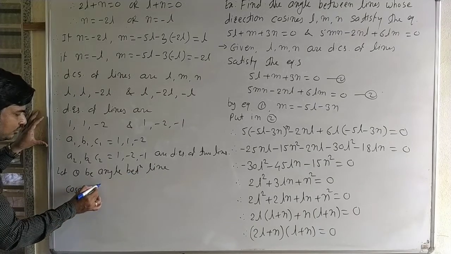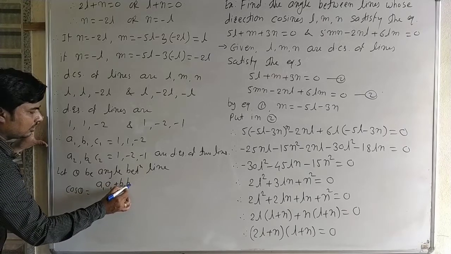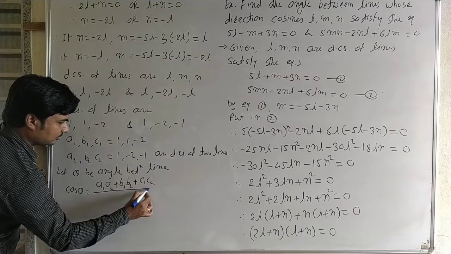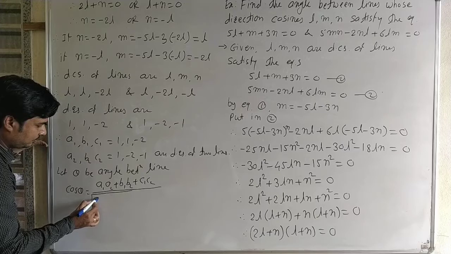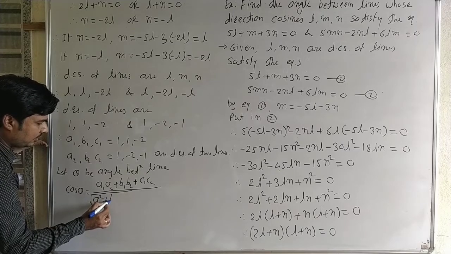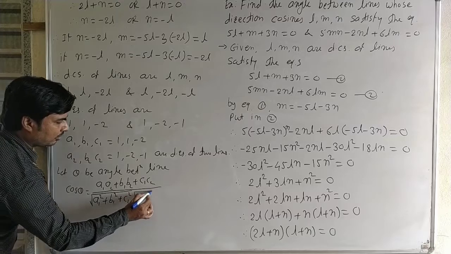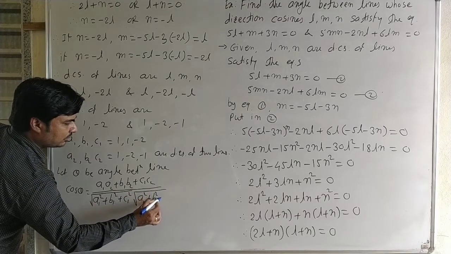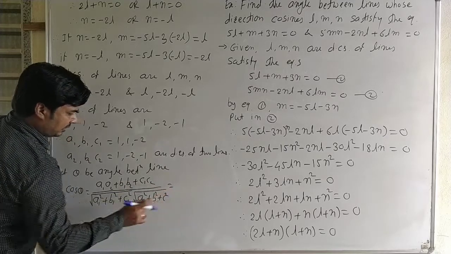It is cos theta is equal to A1 A2 plus B1 B2 plus C1 C2 upon under root of A1 square plus B1 square plus C1 square into under root of A2 square plus B2 square plus C2 square. Okay, put all the values.